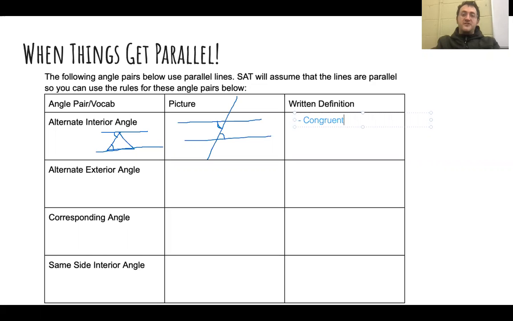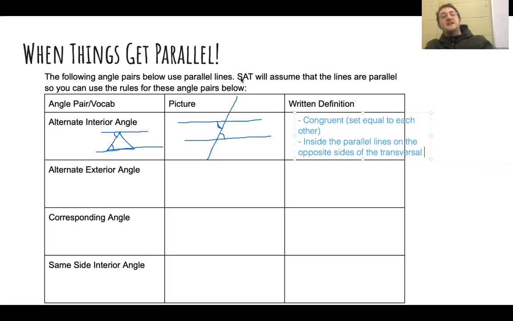Set them equal to each other. And they are inside the parallel lines on the opposite sides of the transversal. And the transversal is just that diagonal line that goes between the parallel lines.